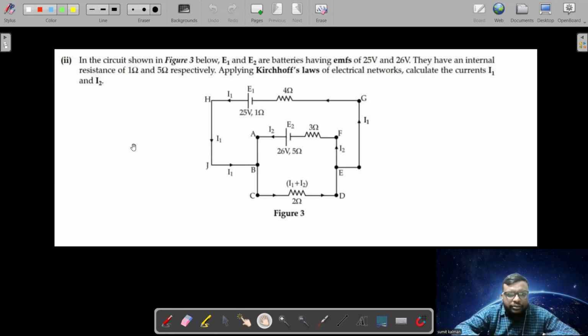There are two batteries having EMF 25 volt and 26 volt. You can see E1 25 volt and E2 26 volt. They have an internal resistance also of 1 ohm and 5 ohm. You can see this in the figure. And you have to apply Kirchhoff's laws of electrical networks to calculate the currents I1 and I2. So students, we'll proceed for the solution.